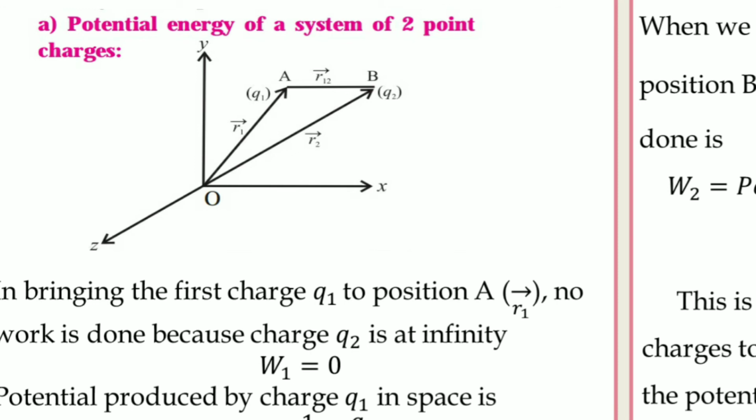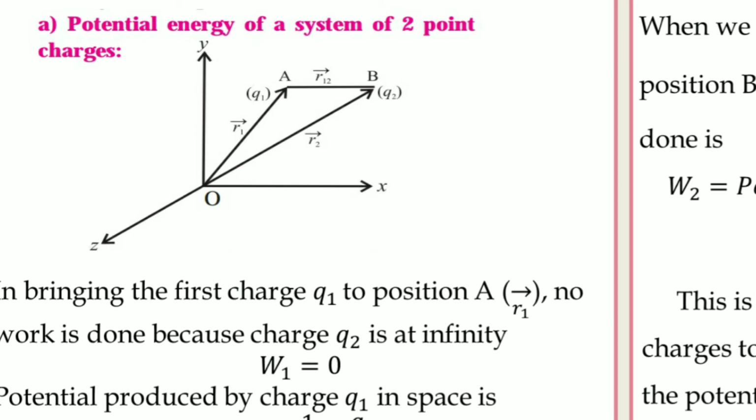We have taken two charges, Q1 at point A and Q2 at point B, which are separated by distance R12. Charge Q1 is separated by position vector R1 from origin O, and Q2 charge is separated by position vector R2 from origin or from point O. So in bringing, you have to bring one charge near the other.